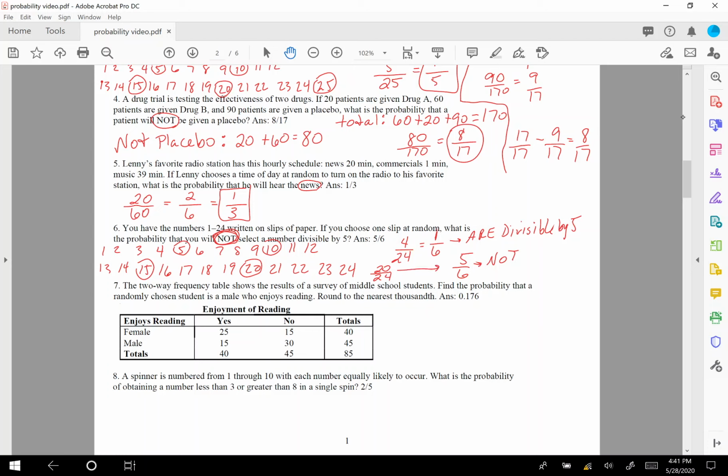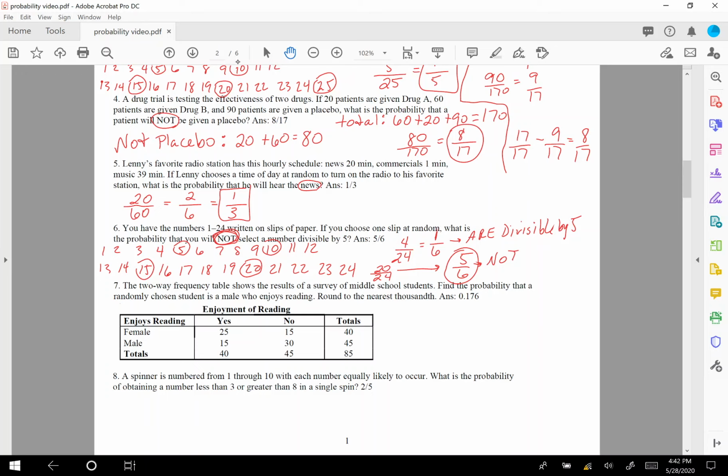Think about it. 20 and 24, what can you divide them both by? 4. 20 divided by 4 is 5. 24 divided by 4 is 6. So 5/6 are not divisible. Do y'all see how 1/6 plus 5/6 equals 6 out of 6?